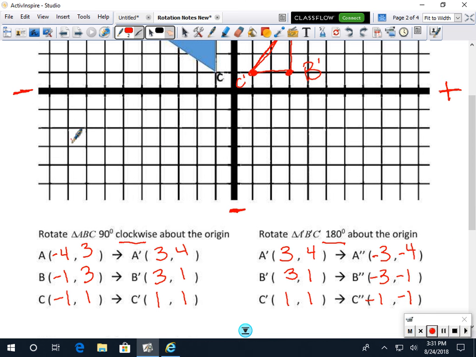Again, x and y both are negative in this area here. So I'll plot my points. A double prime, B double prime, and C double prime. And there is my image rotated 180 degrees.